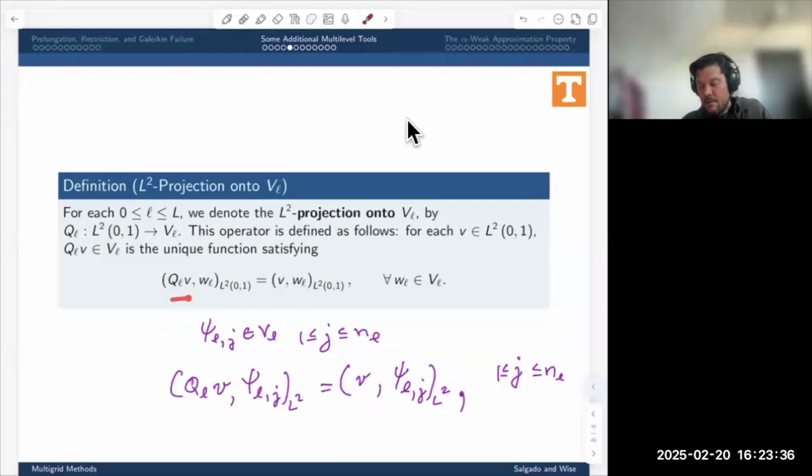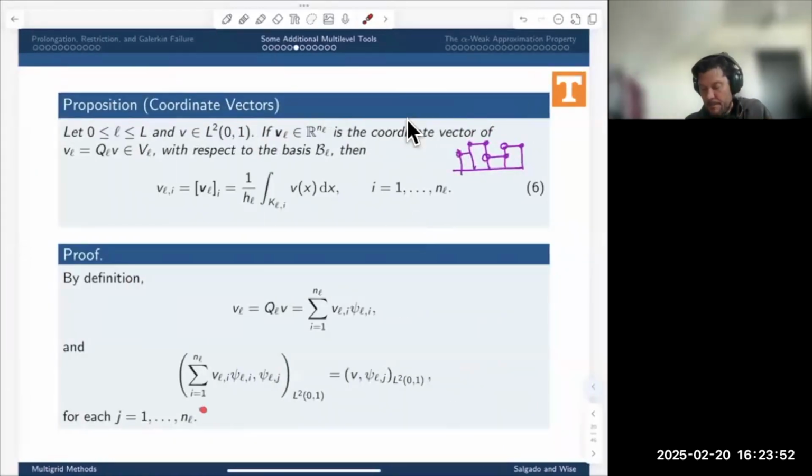If I say it's true for every function in VL, then I can restate this variational equality as it's true for every basis function j between 1 and NL. So that's the small leap I took to get here. I've simply said, let this hold for all of the basis functions, because that's an equivalent formulation of this variational equality.